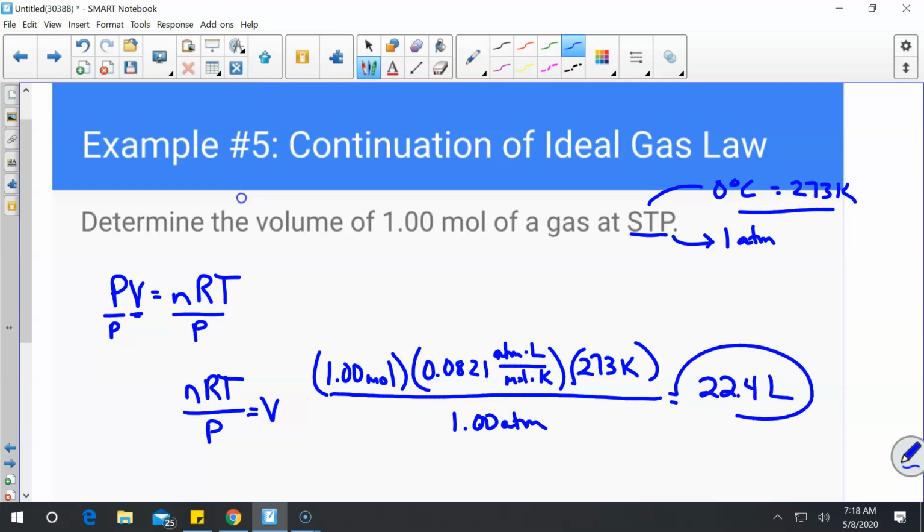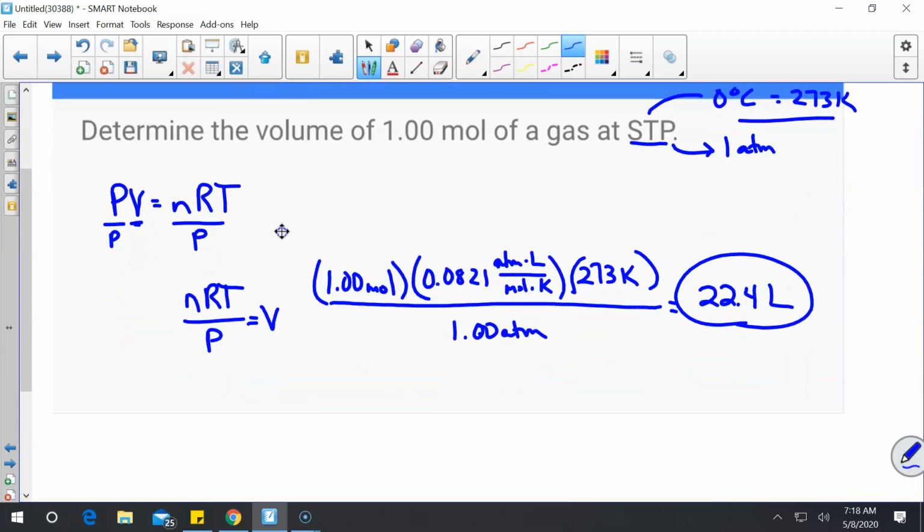That is the accepted value for 1 mole of any gas at STP. Because if you change the temperature or the pressure, the volume changes. Okay? So this is a way that we can convert a gas to moles by using that conversion.